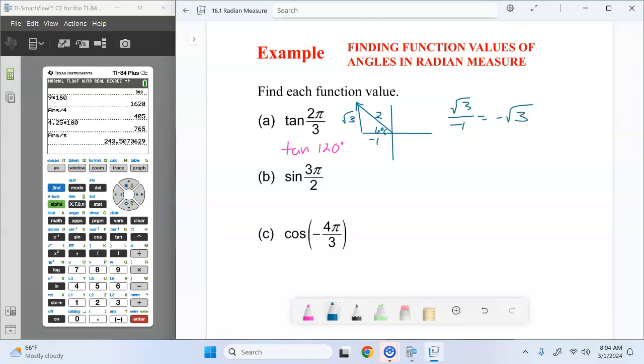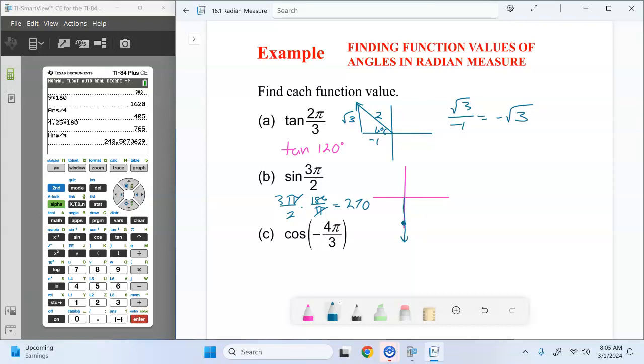Okay? All right, sine. Let's convert 3 pi over 2 into degrees. Okay? So where is 270 located? It's down here, right? The quadrantal angle is on the axis.